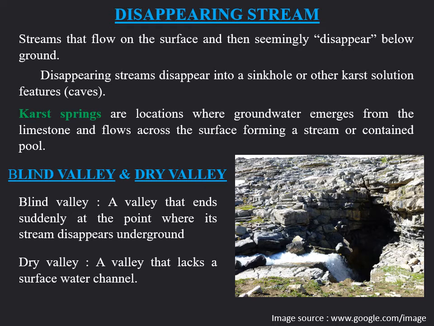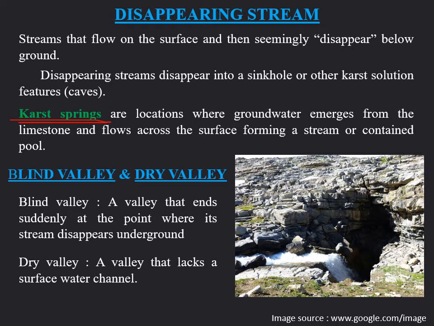Then often it is found that on the opposite side of the mountain, the stream reappears, thereby forming a kind of spring, which is known as a karst spring. So on one side of the mountain the stream disappears in the sinkhole, and on the other side, through some fissures, the stream comes out again to the surface.